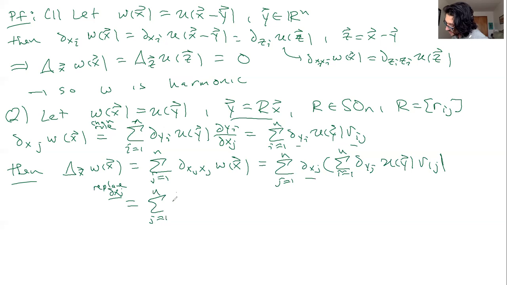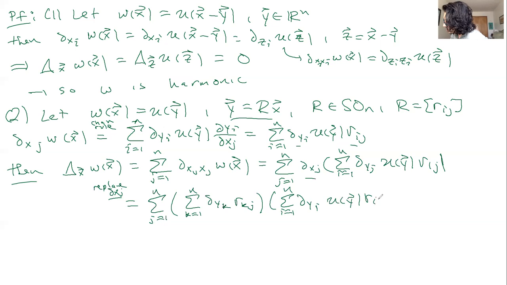It's going to get a little bit hairy for a bit. So the sum from k equals 1 up to n of dyk Rkj, got a few different subscripts floating around here, the sum over i equals 1 up to n of dyi u of y Rij, okay?